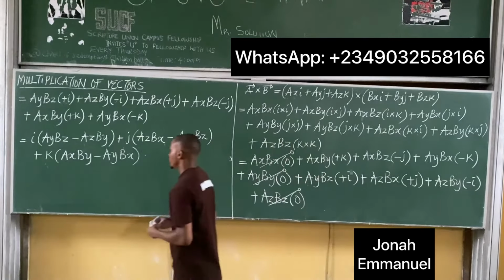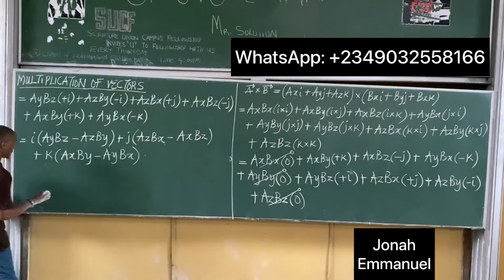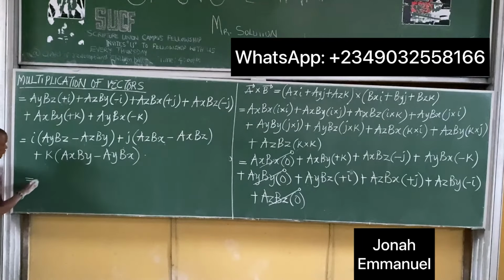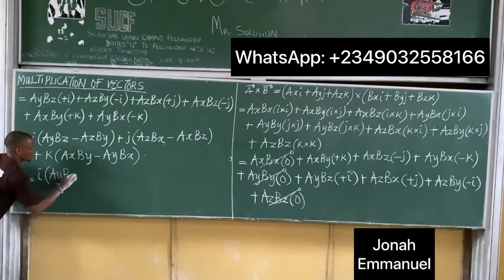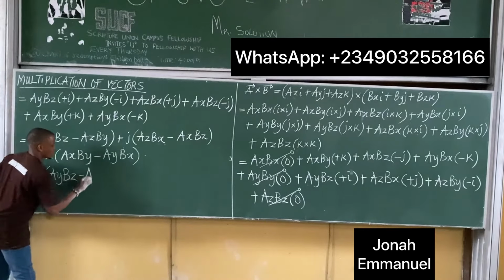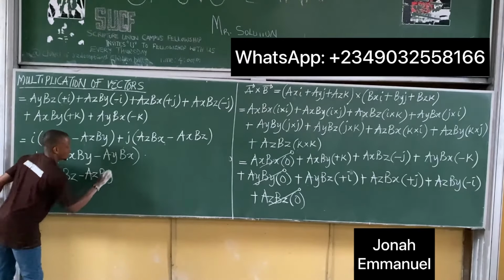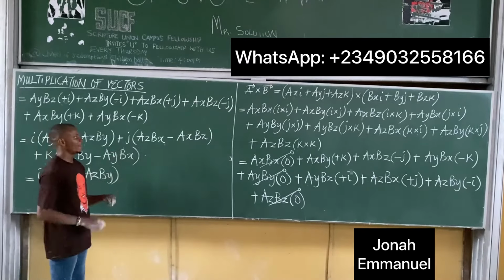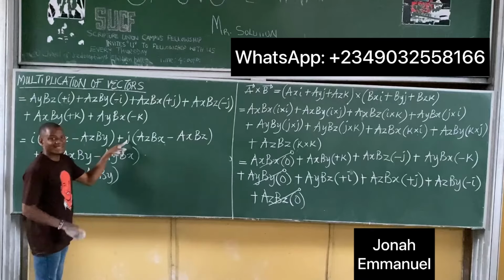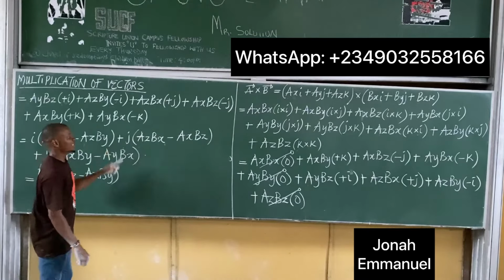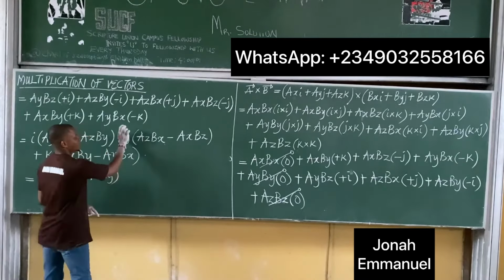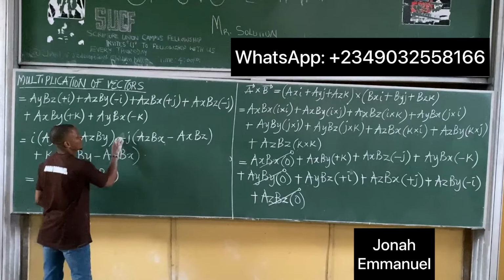But one more thing, usually for this case, this is equal to i into AYBZ minus AZBY. For this one here, we want to make this j to be negative. To make j negative, it means this negative here, or perhaps take here as minus.